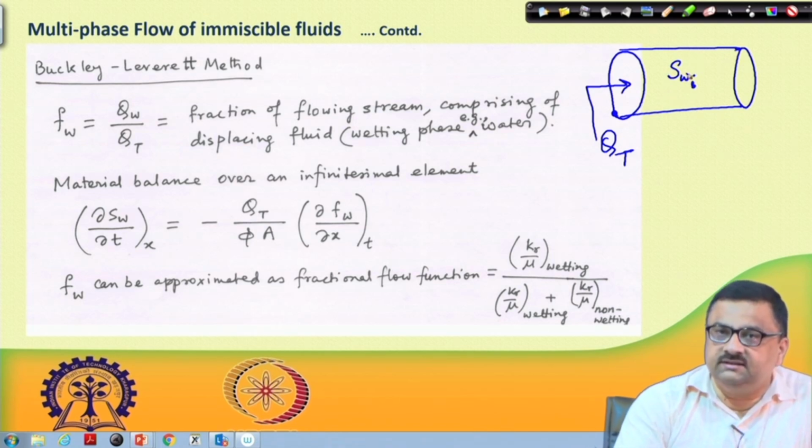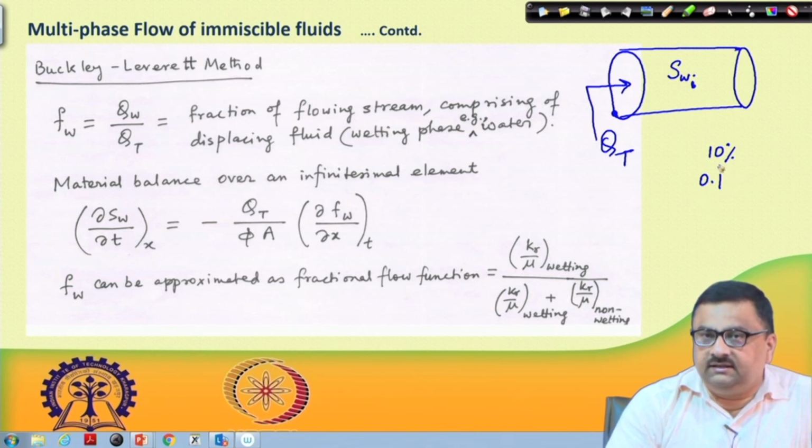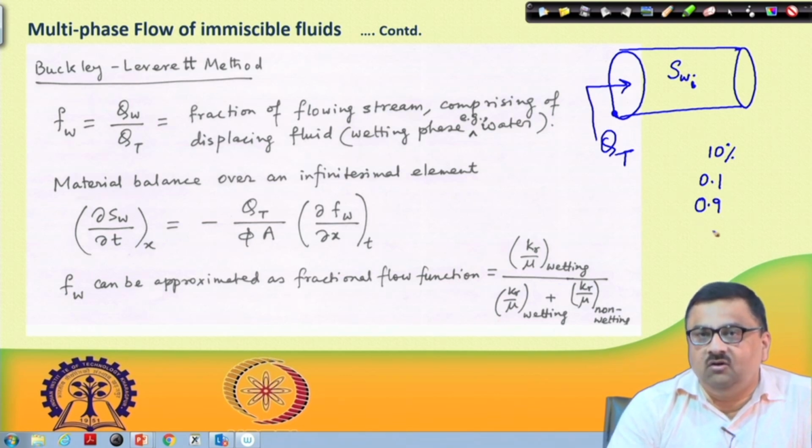What that means is that if interstitial saturation is 10%, that means 0.1 is the limit, the wetting phase can be in this porous medium by a fraction of 0.1. So the remaining 0.9 part of the void volume is occupied by the non-wetting phase, let us say oil.